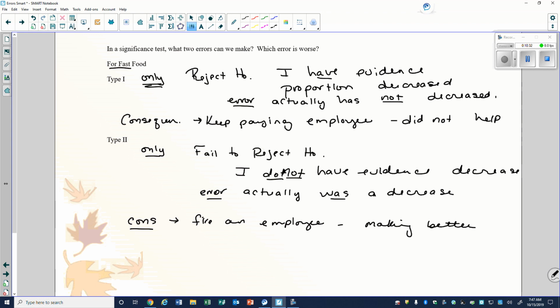Because, well, actually, type 1 may be worse, I think, because you're going to keep paying this employee thinking he's helping, where if you fired him, you could try something different that would also make it better. So maybe type 1 in this situation would be worse, but as long as you can justify your thinking and which one you choose, it really doesn't matter which way you go with this.